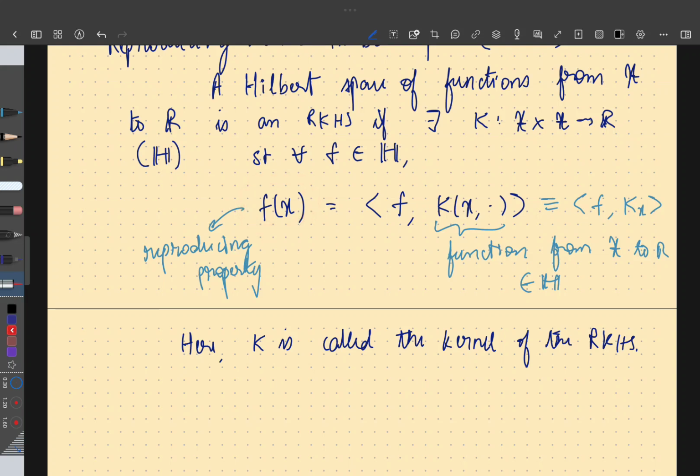This is a nonlinear operation when you think about what happens to x. The transformation from x to f of x is nonlinear. But the transformation from, say, kx to f of x is linear, because it just corresponds to an inner product, which is a linear transformation.